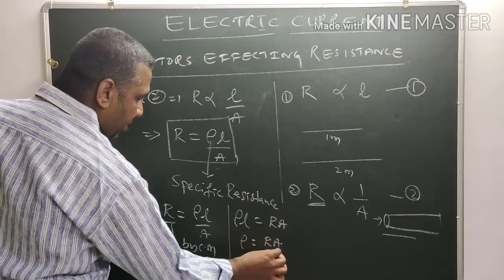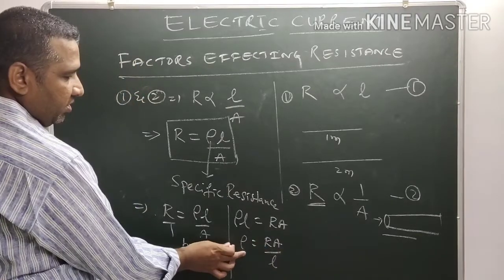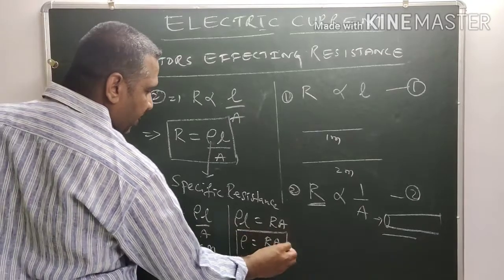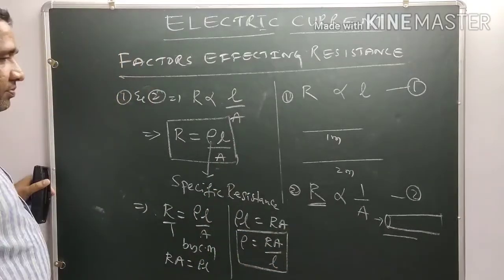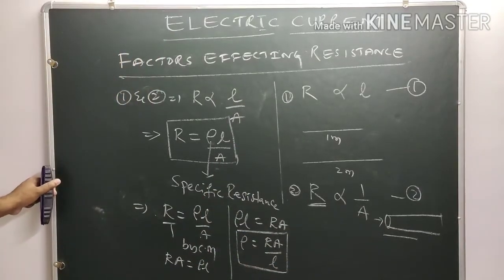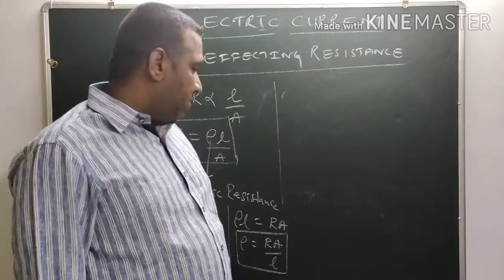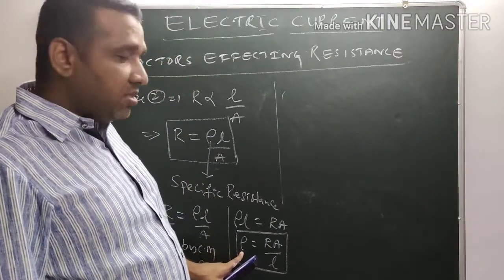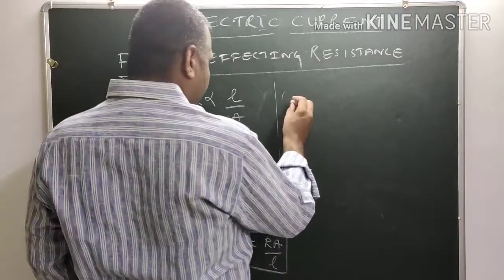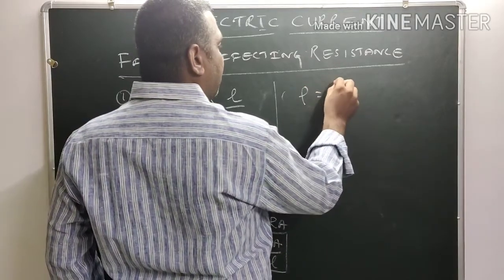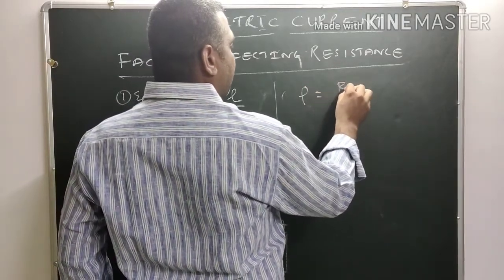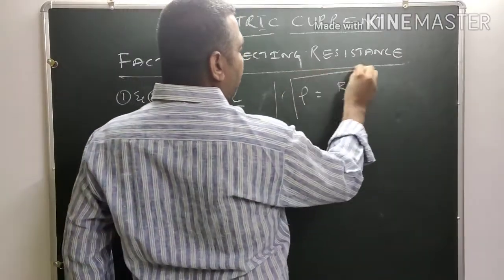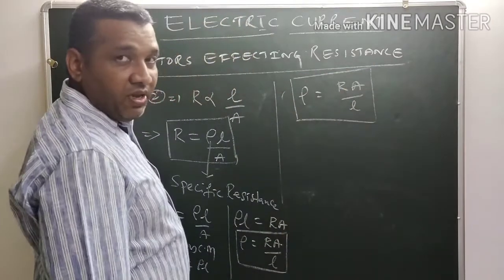So this is nothing but the formula for specific resistance. Rho equals, specific resistance is equal to RA by L. So we write the equation here: specific resistance is equal to RA by L. Now this is the formula to find the specific resistance.